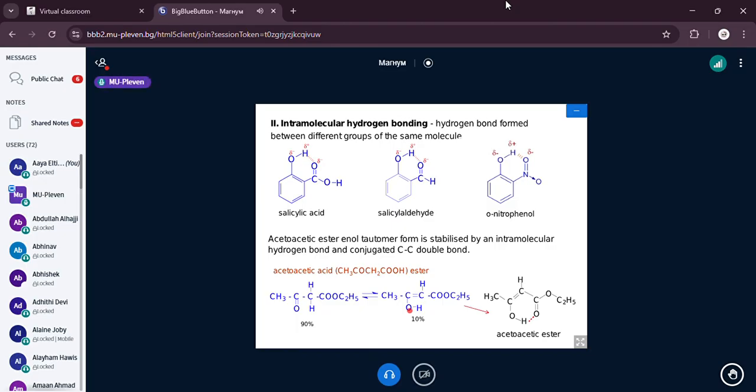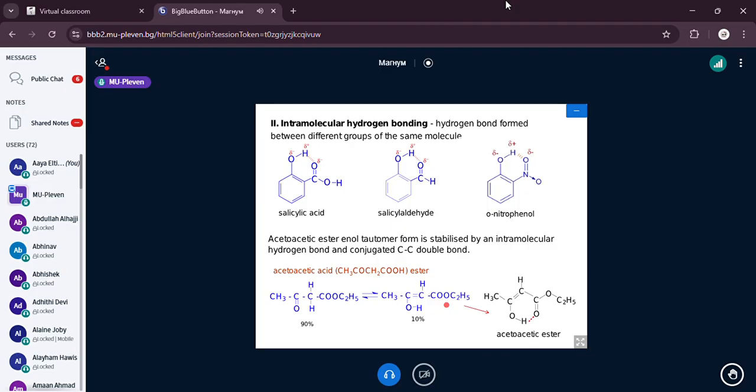N shows that we have a double bond, and O we have when we have alcohols. So usually such structures are not stable. I'll repeat this.